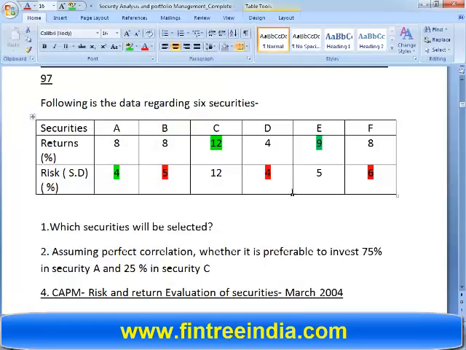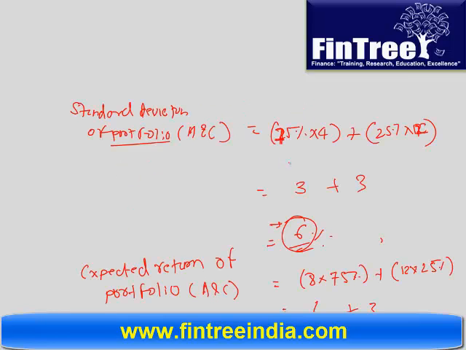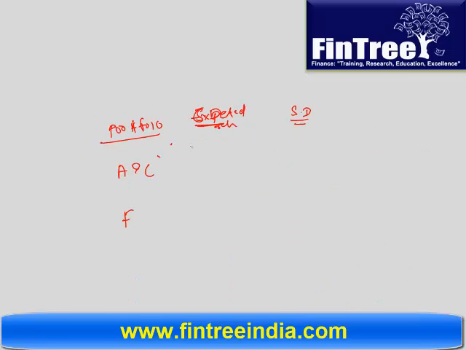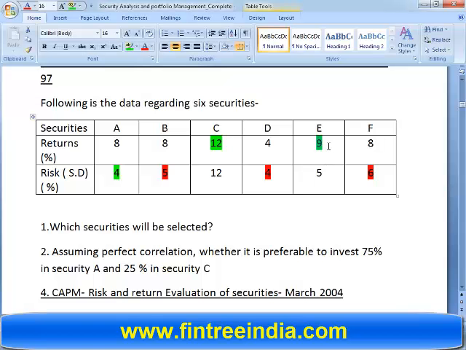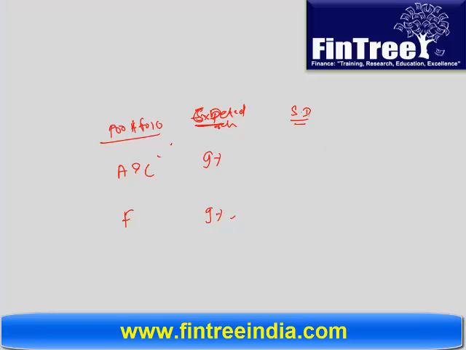Expected return of both the securities is 9%. So here you would say 9% and 9%, but standard deviation of A and C came out to be 6%, whereas standard deviation here is 5%.